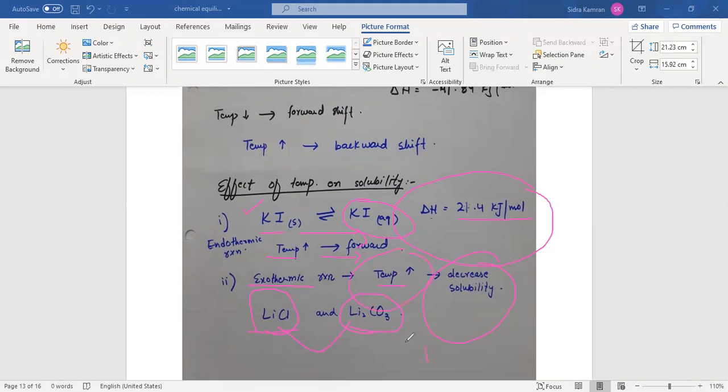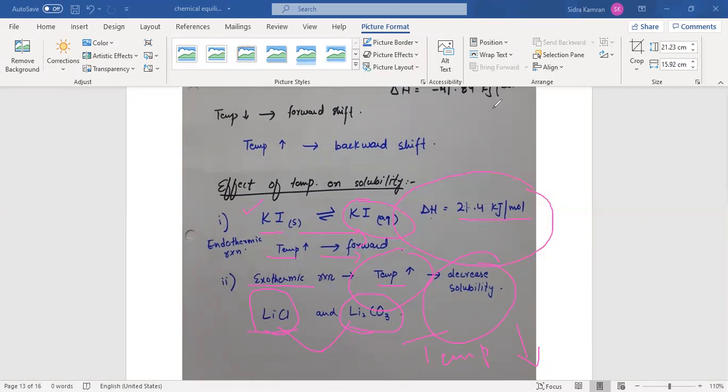If you decrease the temperature, then these two compounds will be soluble. So if the solubility of some compounds happens by the addition of heat, then the reaction is forward. If the solubility is affected by the increase of the temperature, then those compounds will not be soluble.